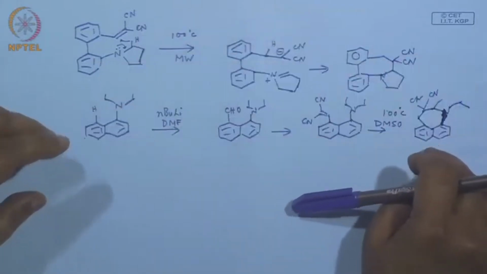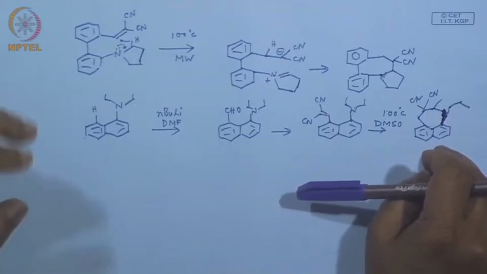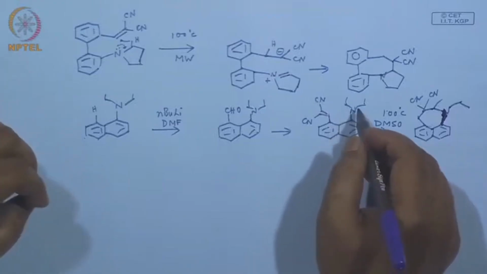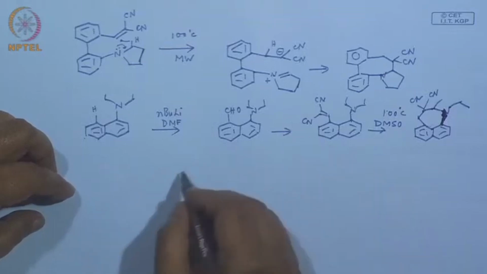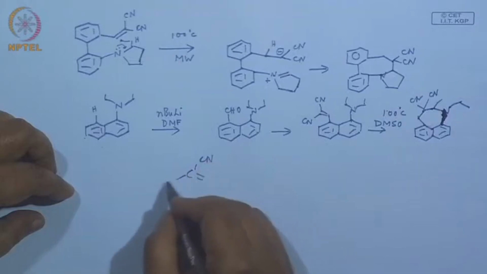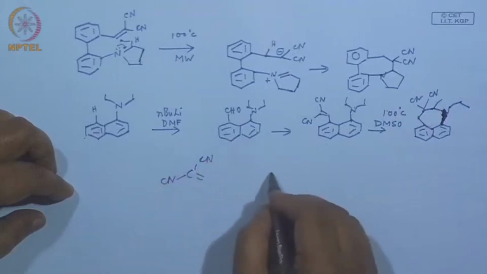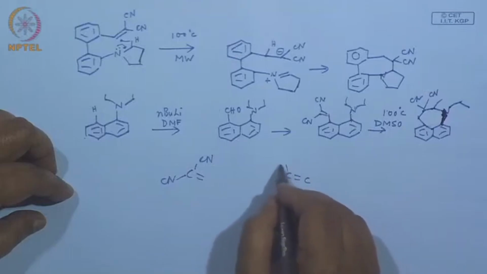So, this reaction has been found to be quite general. Actually there are quite a few examples. I think instead of the cyano you can take the ester, even. Let us say the component could be here you have cyano. So, it could be even like say carbon here, carbon.